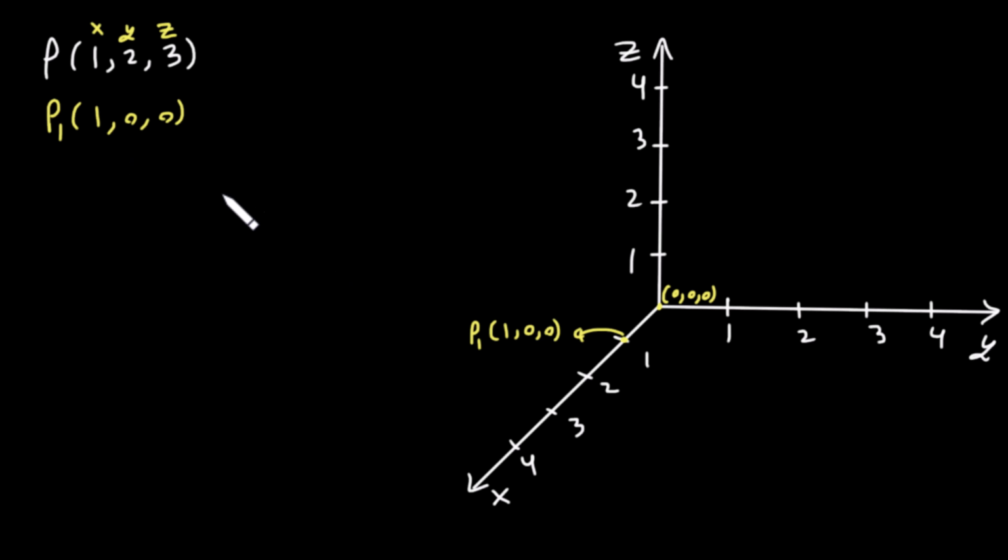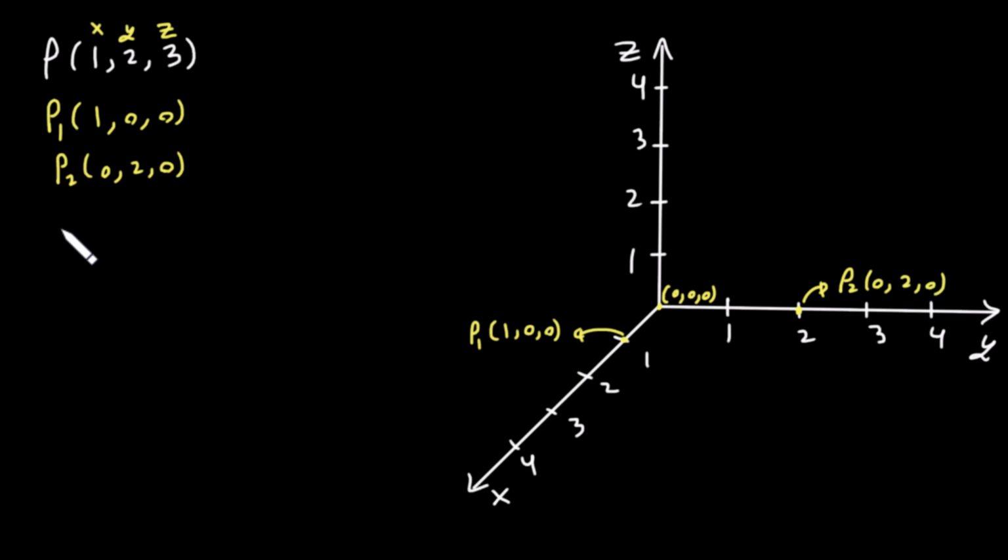Also, it's useful to plot the point (0, 2, 0). Let's call it P2, which is (0, 2, 0). How do we plot this point? We start again from the origin, 2 steps along the y-axis. So 1, 2, which is here. This point is P2, which is (0, 2, 0).